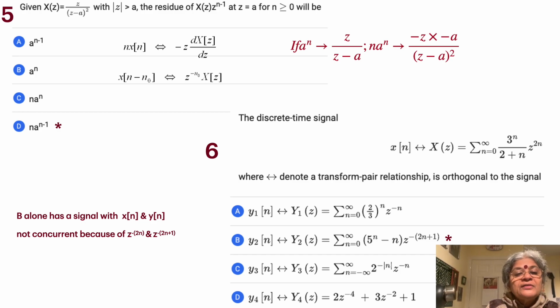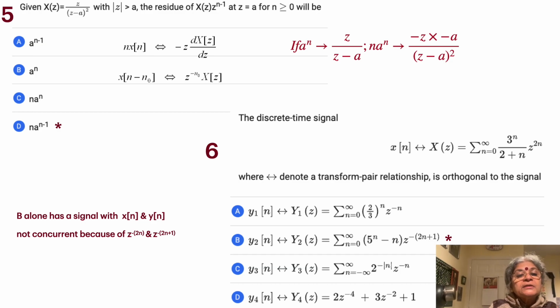Okay, so obviously we see that it is the same as a raised to n will be there, but then you have to take out, because we are writing it out as X(z) into z raised to n minus 1. Okay, so we have to have z raised to n minus 1 on the numerator, and then by (z minus a) square tells us that we have a raised to n as coming out.